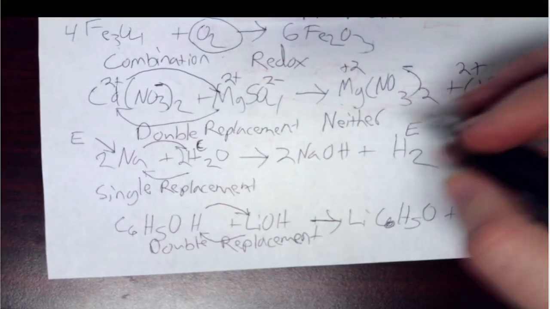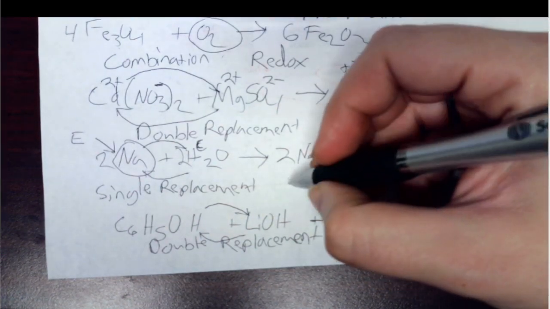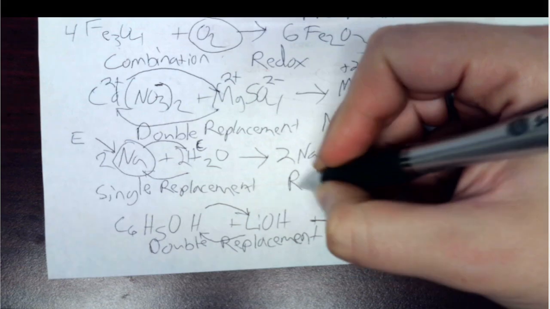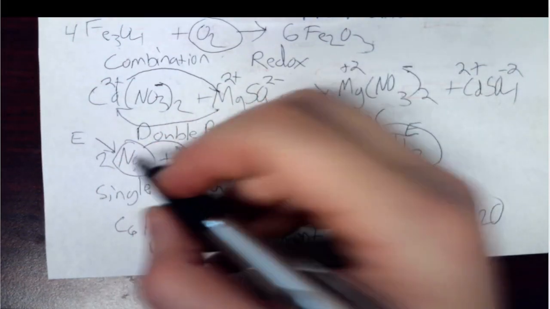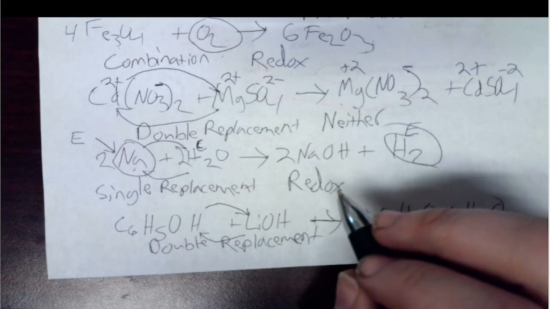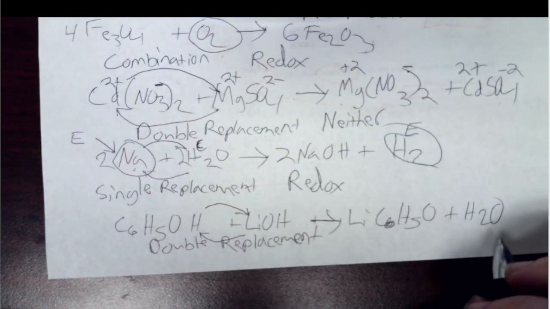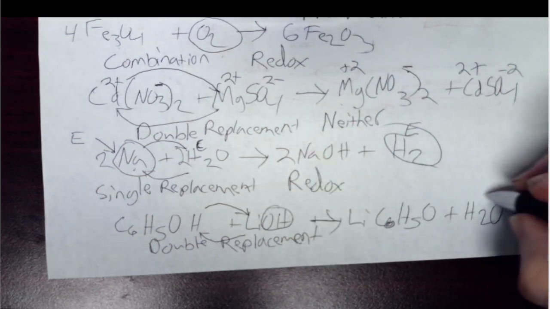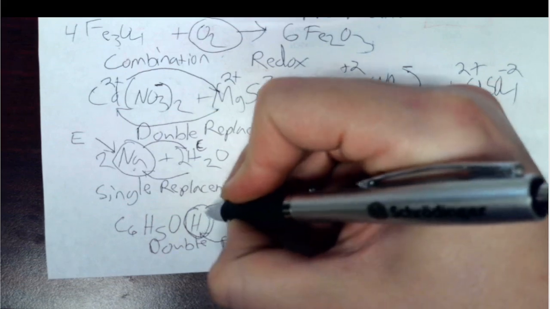Last two. Pure element. Pure element means this is a redox. Almost all single replacements have to be redox because they involve a pure element. Finally, no pure elements. Okay. We see a hydroxide, we see water, and we see this H being lost.